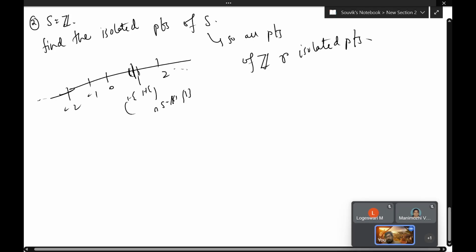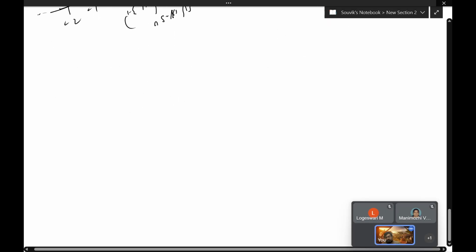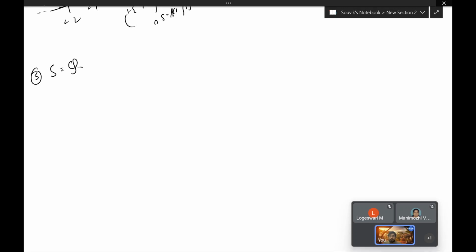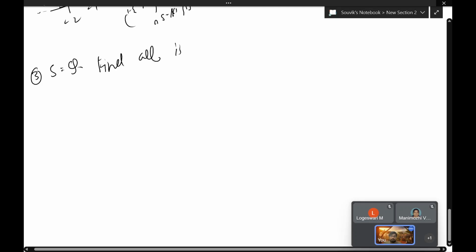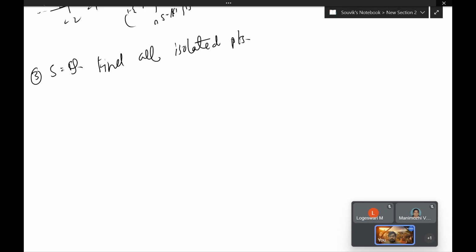Now, for another example, consider S to be Q. Now the question is to find all isolated points. How to do that?